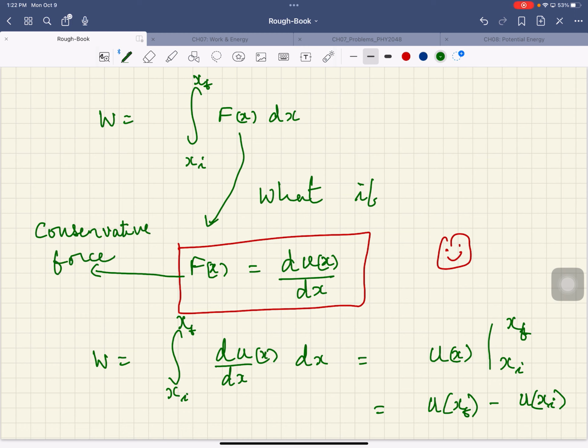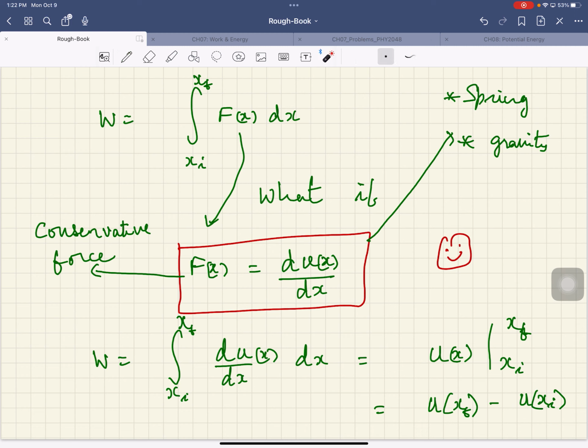What is a non-conservative force? Something that doesn't look like that. A non-conservative force is some force that cannot be represented like that. There are only three forces that can be represented like that, that you will see. The spring force, gravity.